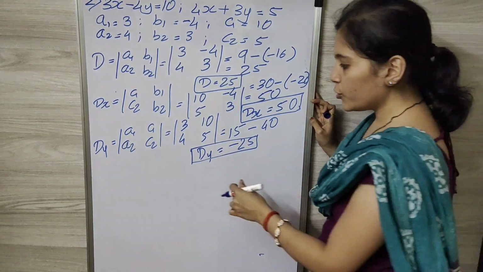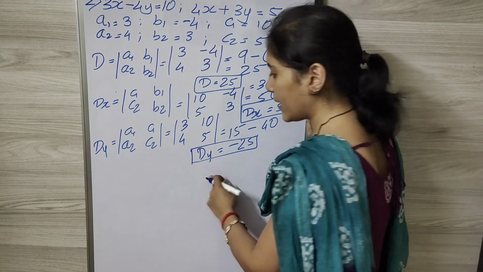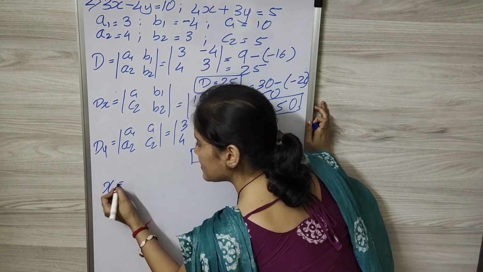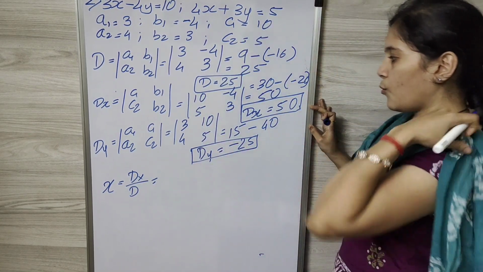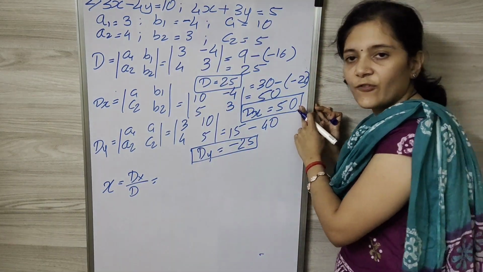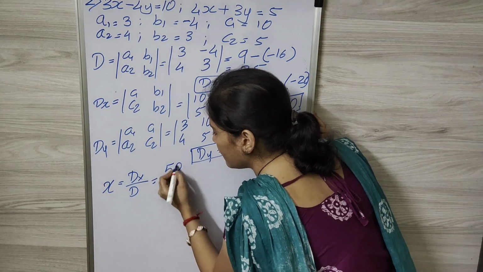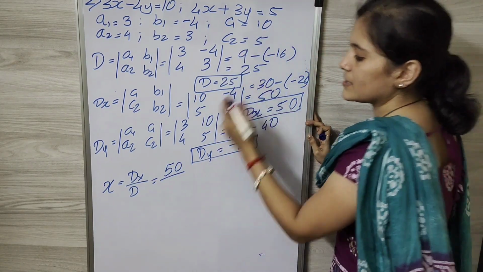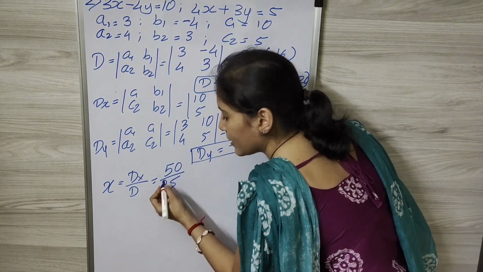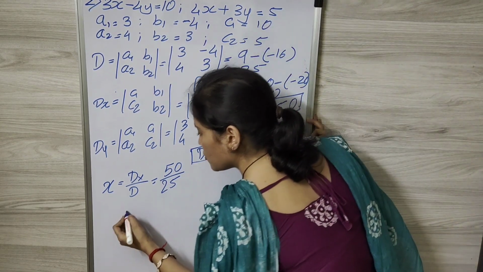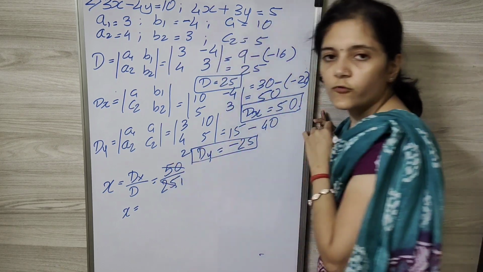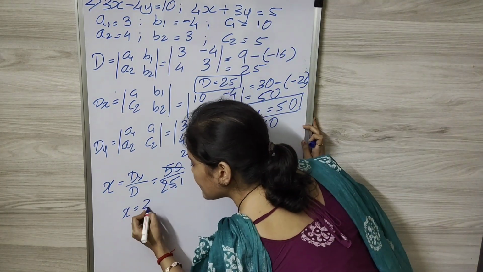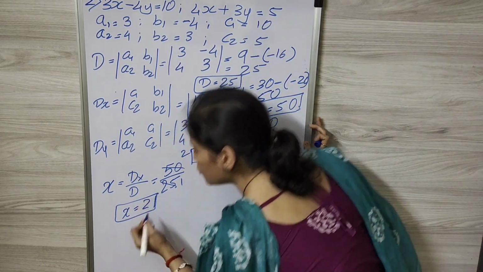Now I'm going to find the value of x and y. Now for x, the formula is dx by d. Now what is the value of dx? That is 50. 50 by the value of d is 25. Cancellation, reduced form. So x is 2, that is 25 ones are 25, 25 2s are 50. So x is 2.